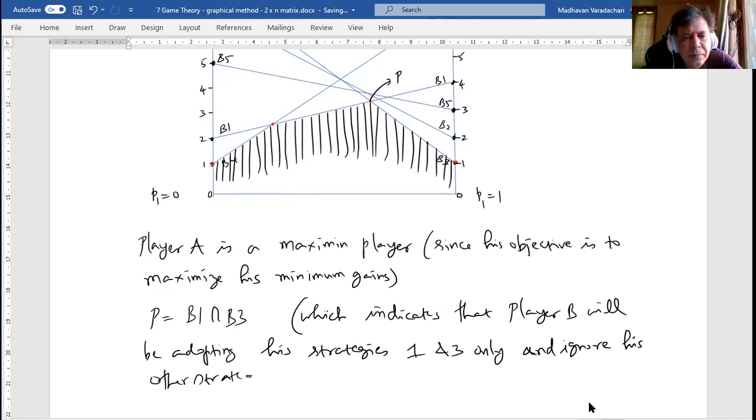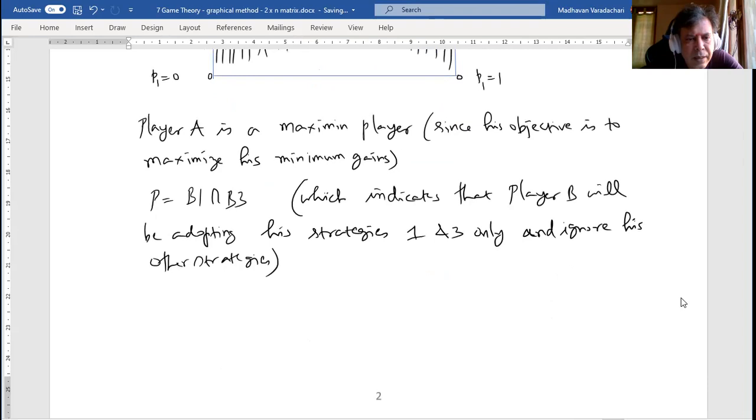What are all ignored? His first strategy will be there because B1 is there. Q2 will not be there, means probability of adopting his second strategy will not be there. Q4 will not be there, and Q5 will not be there. All these will become 0. Means the probability of him adopting his second strategy, fourth strategy, and fifth strategy will be 0.